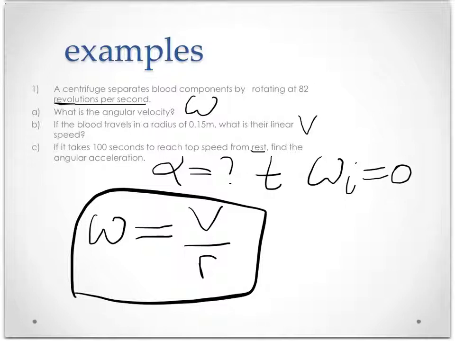Well, you've got the top speed, which we have to assume was the speed we calculated in part A. So omega F you've also got. So using these 3 concepts, you need to choose one equation that involves the angular acceleration as well, and then you should be able to solve for part C.